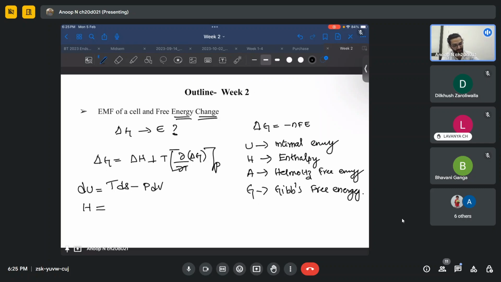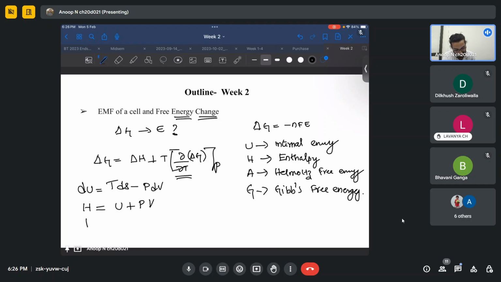Because I wrote this Gibbs-Helmholtz relation, I will just give a hint. The professor has directly written that, so I will give an elaborated hint of how this equation came. H is equal to what? One of you. H is equal to U plus PV.